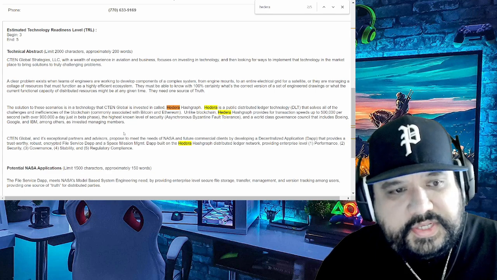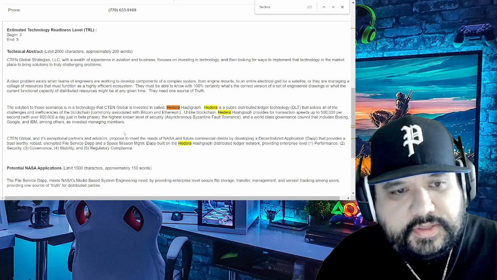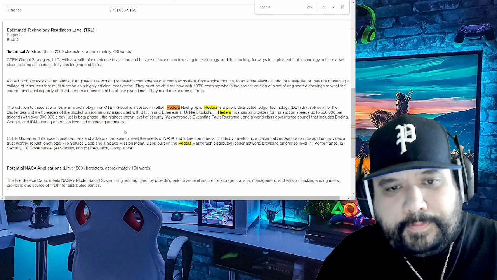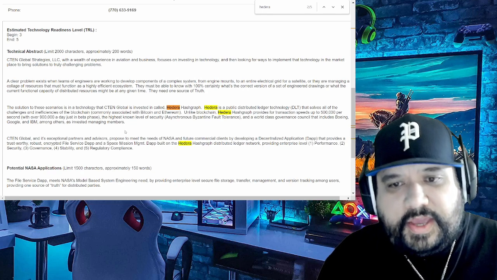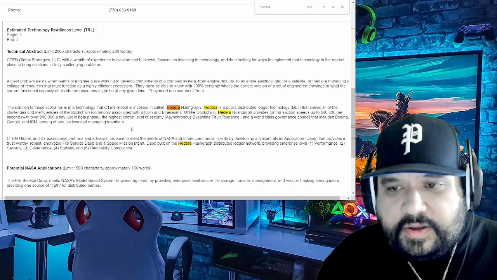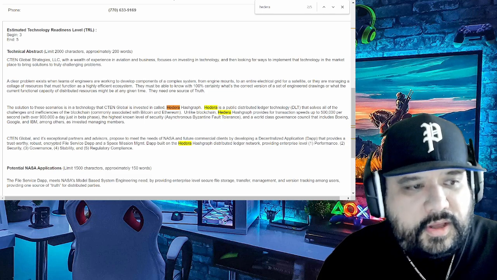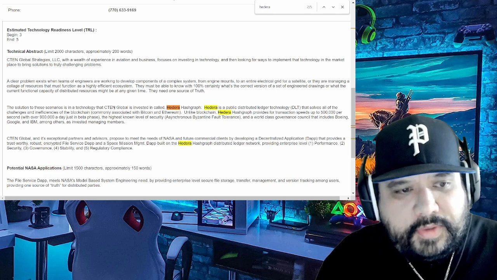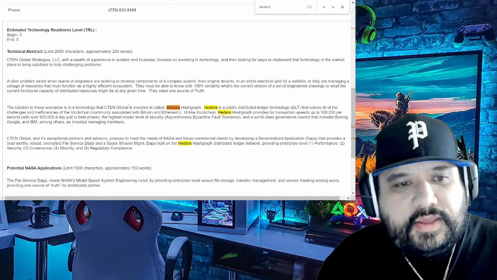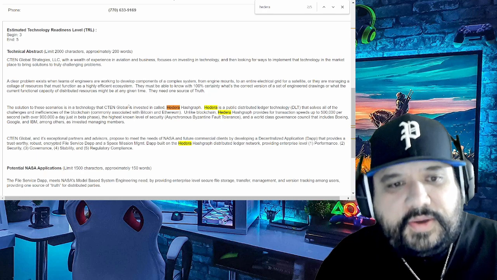So we get further into this, and you see, for instance, it says that there's a clear problem that exists when teams of engineers are working to develop components of a complex system, from engine mounts to an entire electrical grid or a satellite, or they are managing a collage of resources that must function as a highly efficient ecosystem.